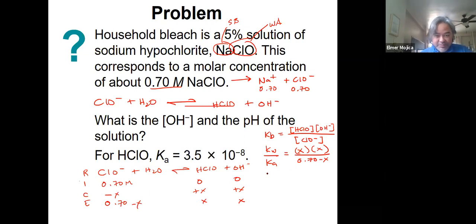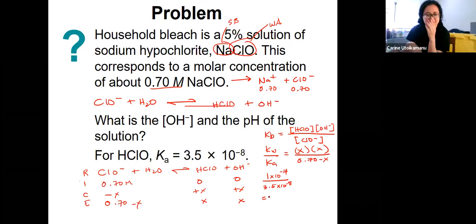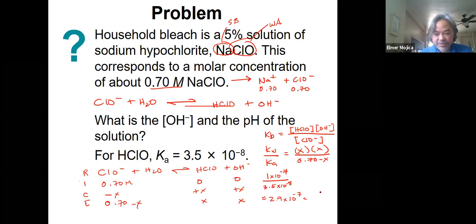So what will be the Kb here? 1 times 10 to the negative 14 divided by 3.5 times 10 to the negative 8. That is equal to what? I have here 2.9 times 10 to the negative 7. So that will be x squared.